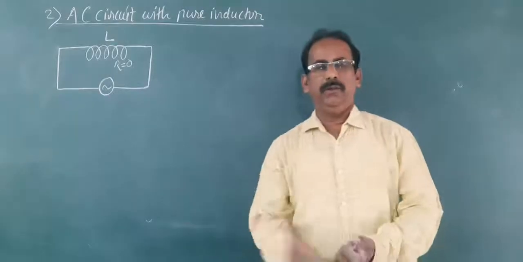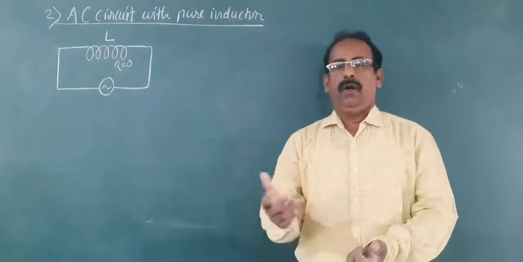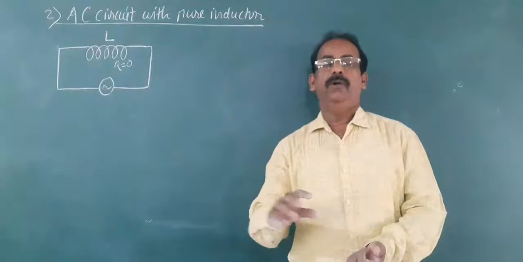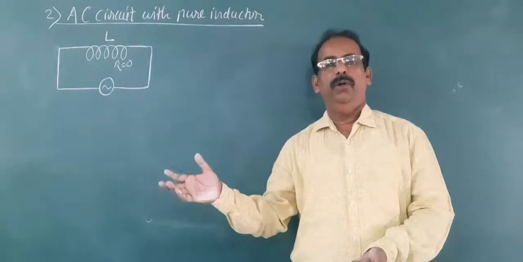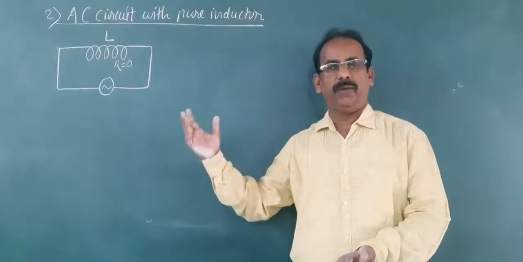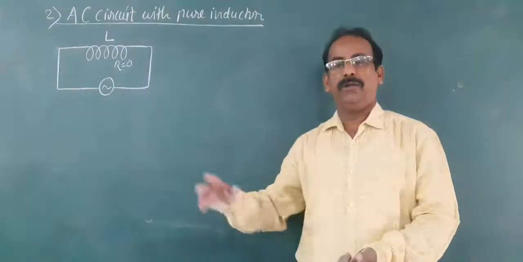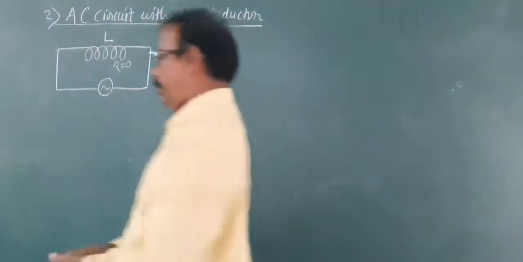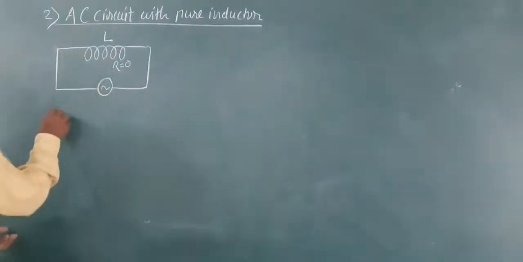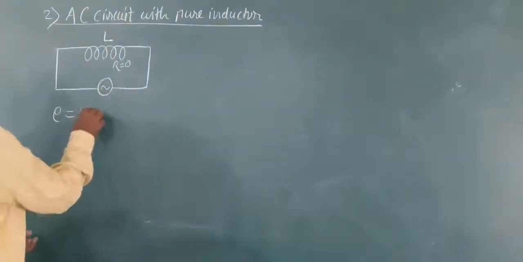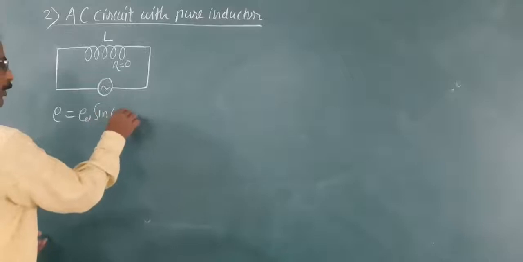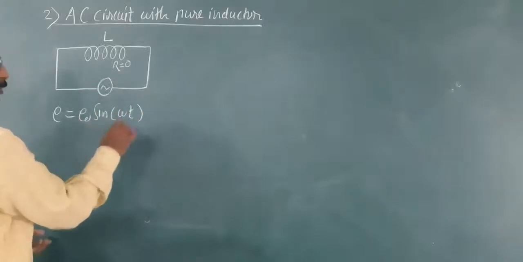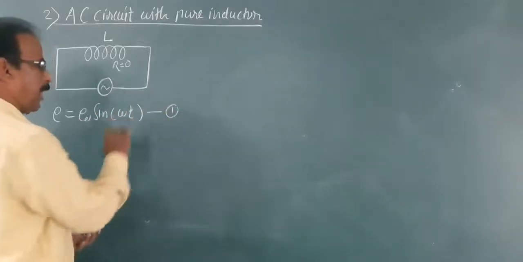Now see how the applied EMF and the current that we get from that EMF vary in this circuit. From the source of alternating EMF, the EMF that we get at time t is equal to E0 sine of omega t. This is the applied EMF.